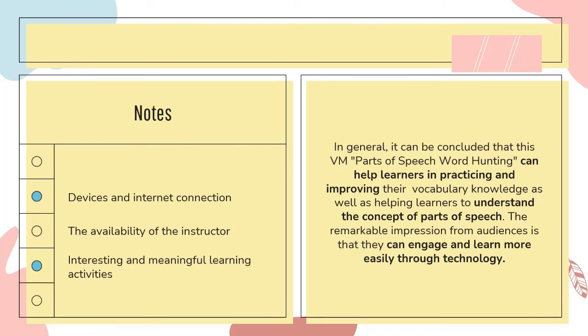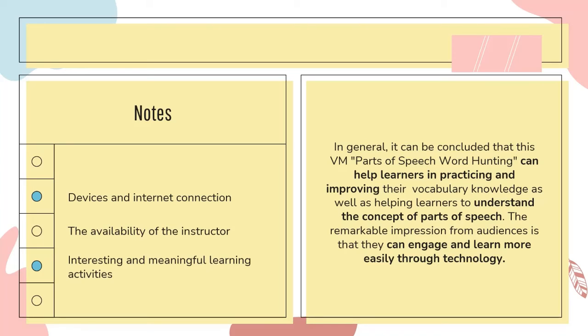And here, finally, in this slide, we come to the conclusion. From the data findings, in general, it can be concluded that this virtual manipulative part of speech word hunting can help learners in practicing and improving their vocabulary knowledge, as well as helping learners to understand the concept of part of speech.